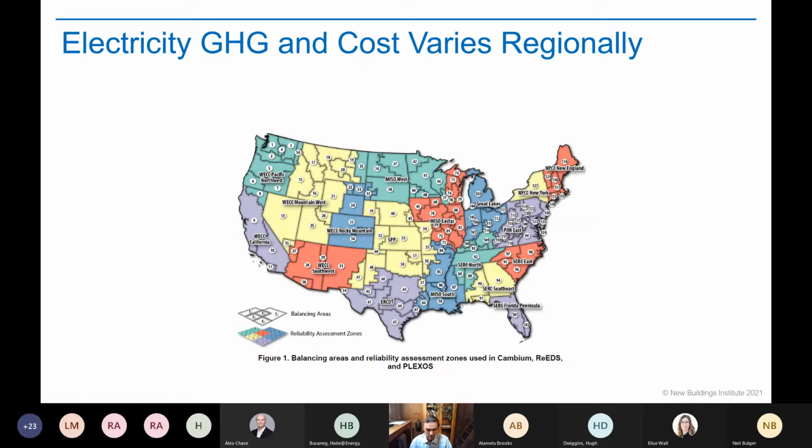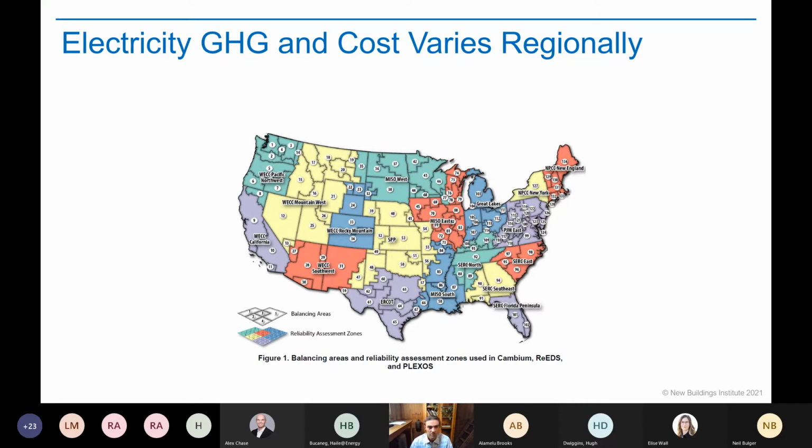So this is pulled out of NREL CalBEM. They've divided the US into 140 or so control zones or balancing areas to be able to say, here is the current and the predicted carbon implications of emissions at each hour of the year, today and out into the future to 2050 in each of these many zones.